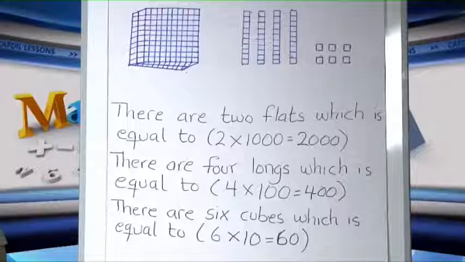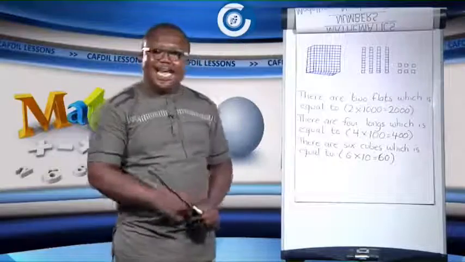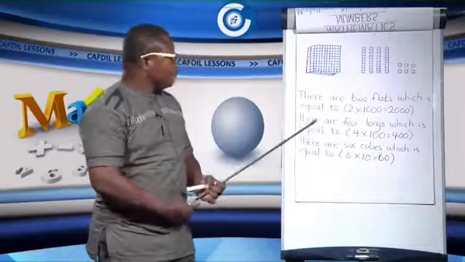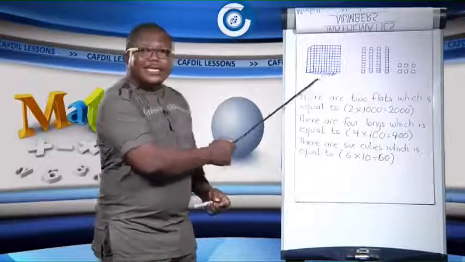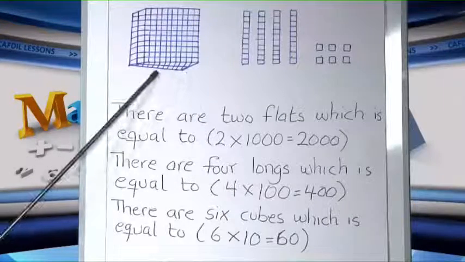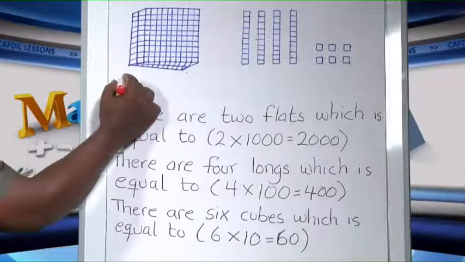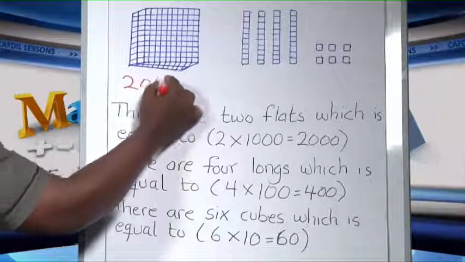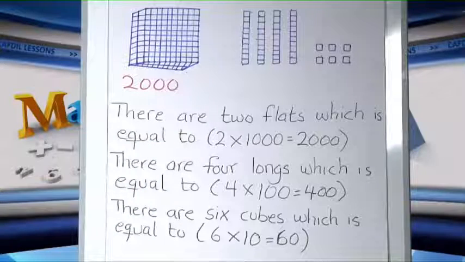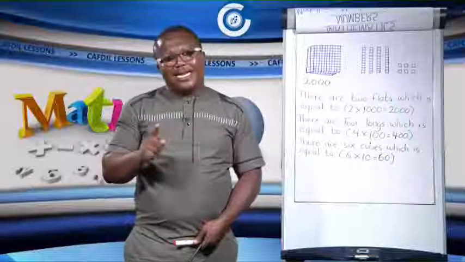So learners, with this one, we can say that this flat, we got what? 2 of them. So here is what? 2,000. 1 is 1,000.